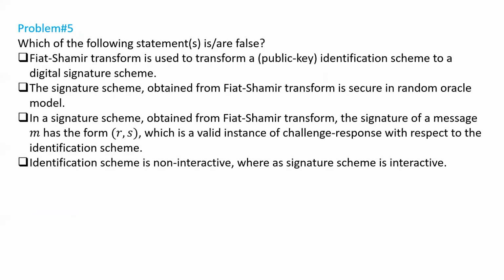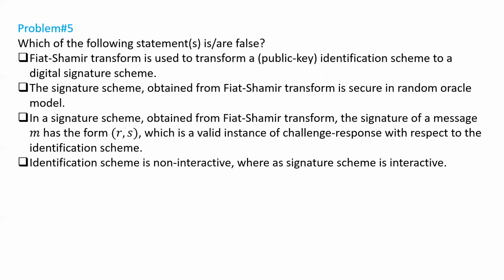Next question. Which of the following statements is or are false? Fiat-Shamir transform is used to transform a public key identification scheme to a digital signature scheme. The signature scheme obtained from Fiat-Shamir transform is secure in the random oracle model.